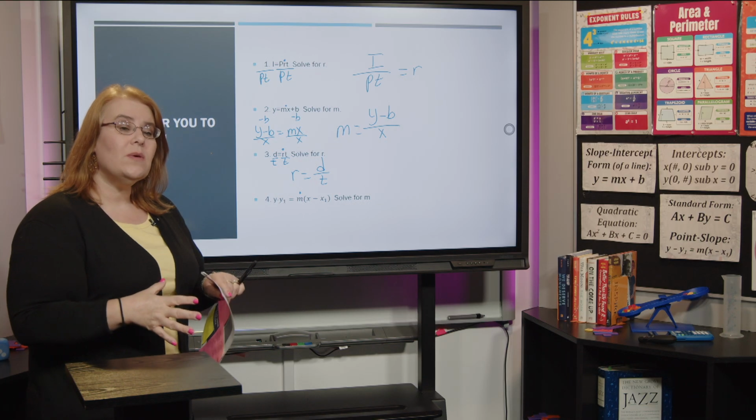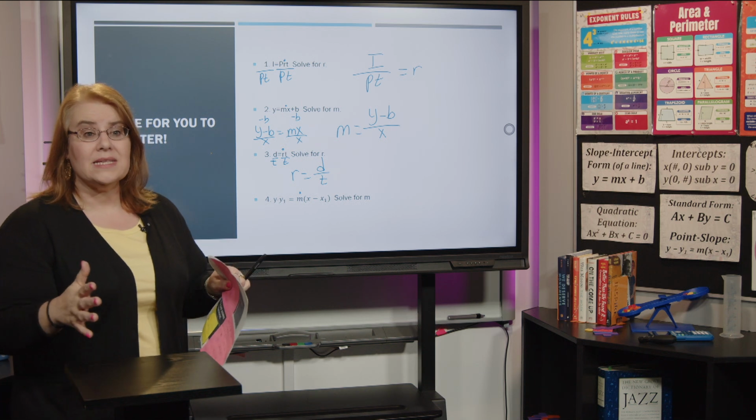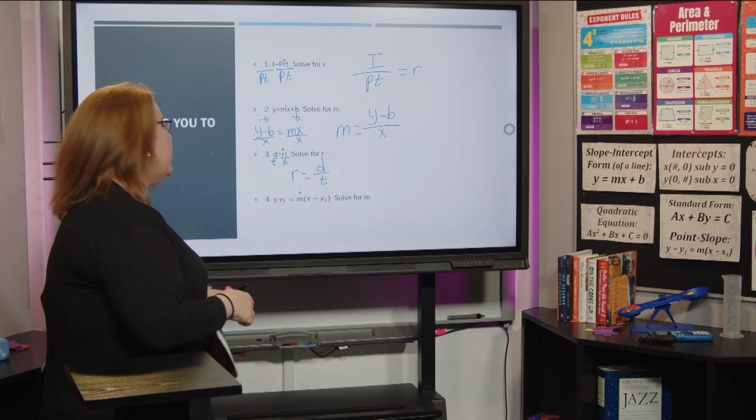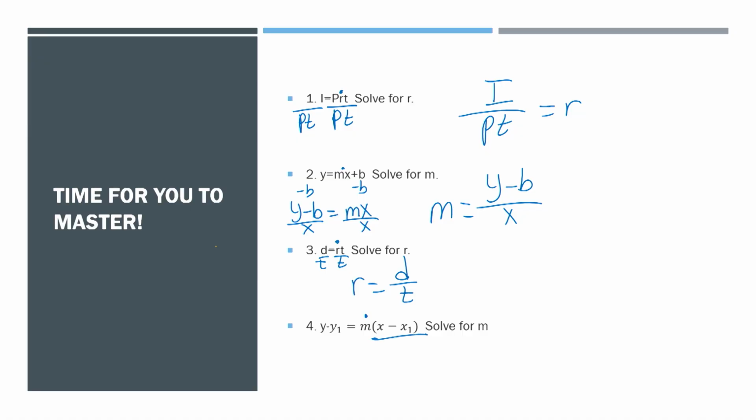So what I'm going to do is I'm going to divide by the whole parentheses on both sides. So watch what I do. I'm going to divide the whole parentheses. So my m equals y minus y1 over x minus x1.